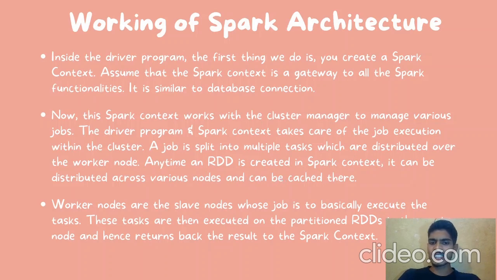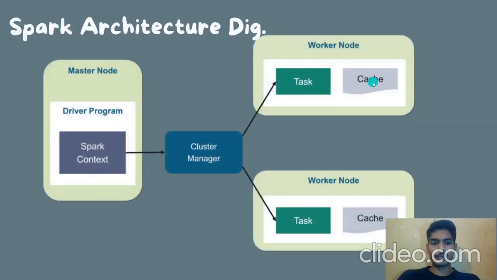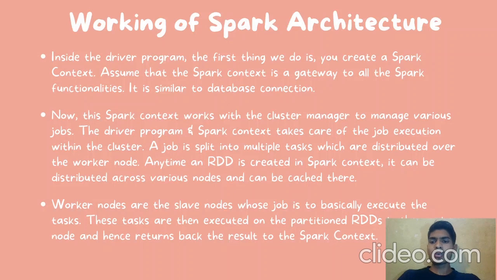Then these tasks are distributed over the different worker nodes and can be cached therein, in the worker nodes' memory. Worker nodes are the slave nodes whose job is to basically execute their task and return the result after executing the task to the Spark context and the cluster manager.